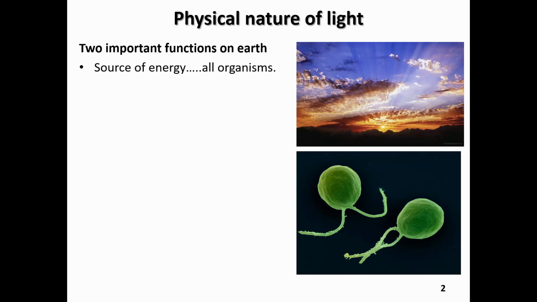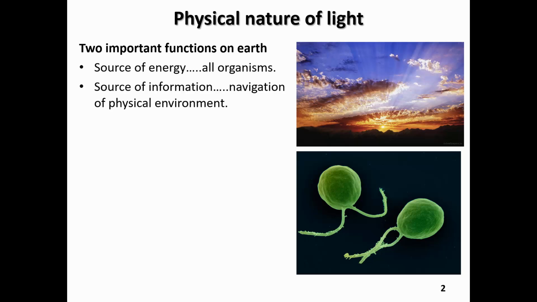And light serves two very important functions on Earth: it serves as a source of energy, and all organisms will absorb light to different extents to provide that source of energy for different biological functions. Light also serves as an important source of information, and that allows the organism to navigate the physical environment.